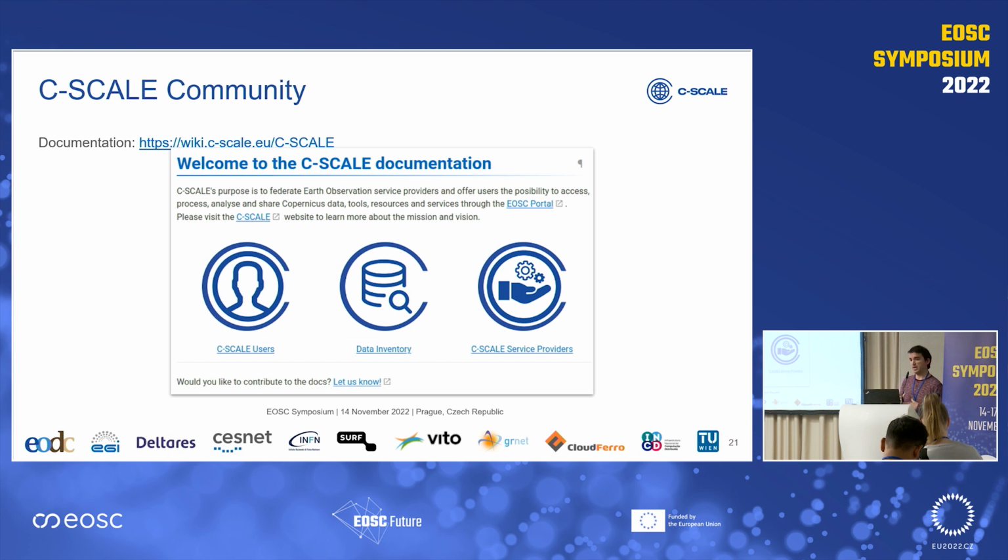We have also put together a set of documentation pages where we try to capture the getting started guides for both use cases and service providers. The idea is to improve this as we go along, capturing the feedback from the use cases on the problems they face and documenting those to provide more efficient user support.